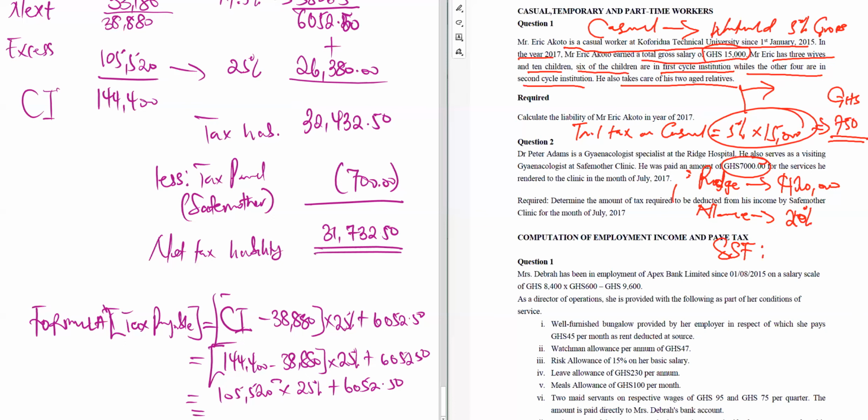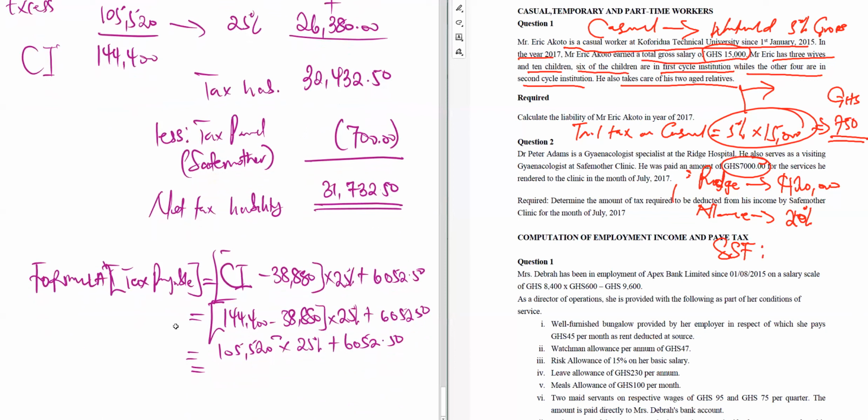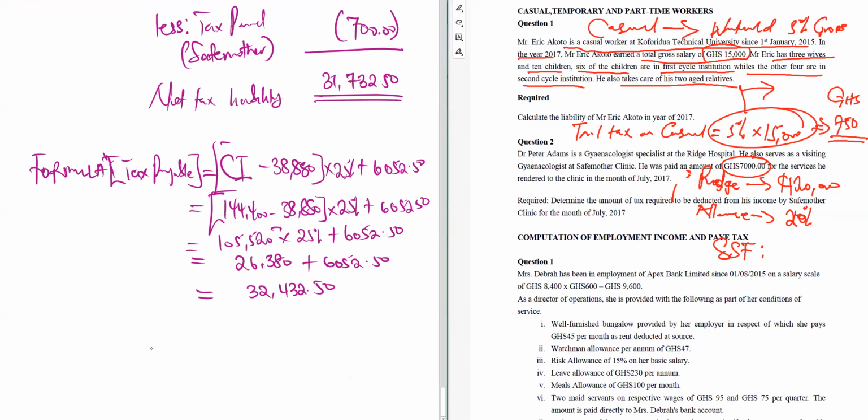So when you finish up, you end up getting 26,380 plus our 6052.5. And you end up with what? 32,432.5, right? When you finish, then you say that your net tax is going to be what?